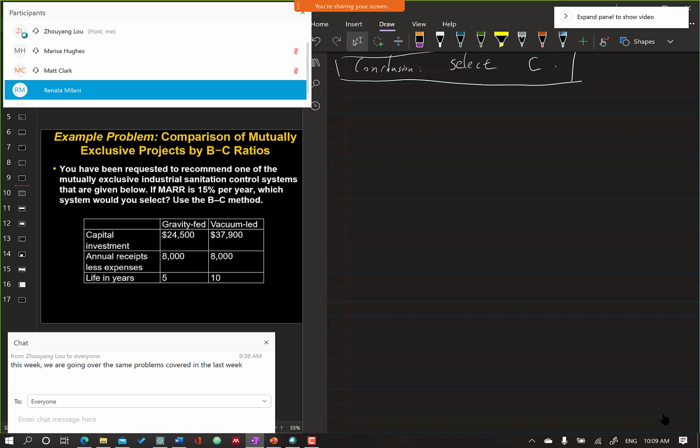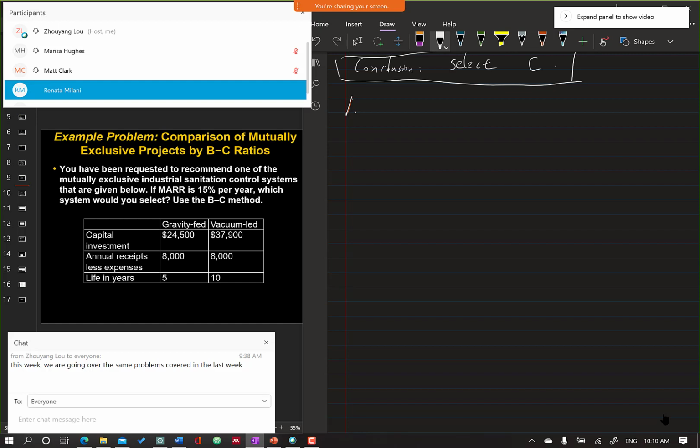Let's get started on this problem on the left. So it's still asking us to use the benefit cost method to determine which of the following projects we should choose.